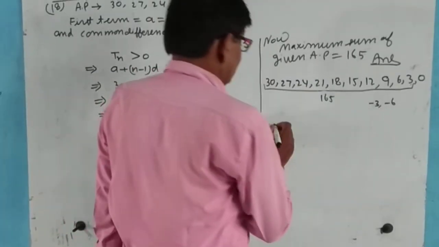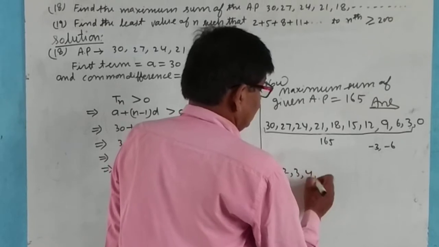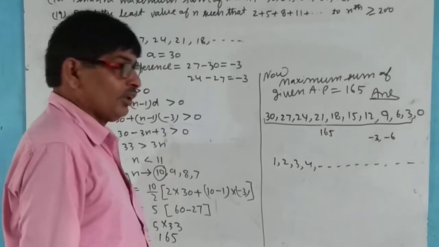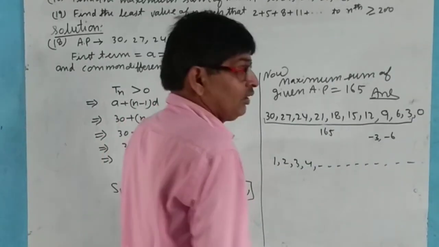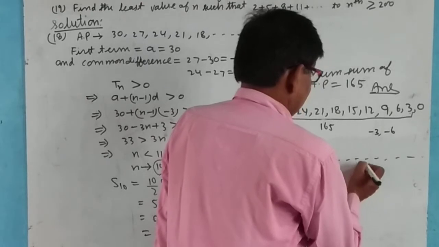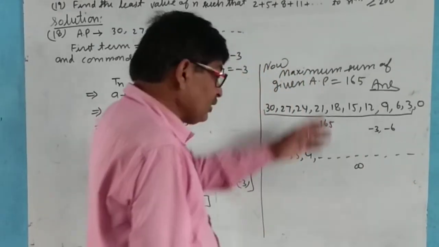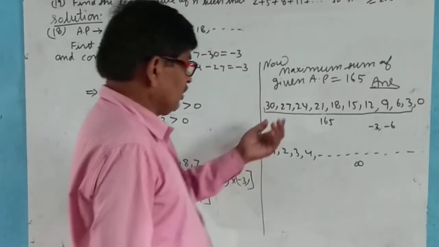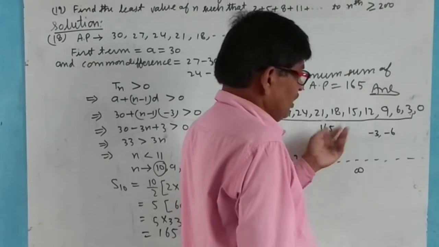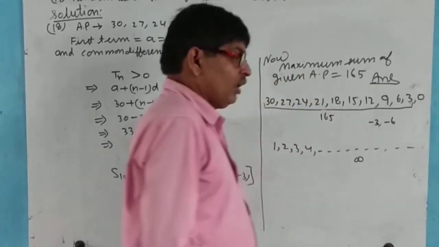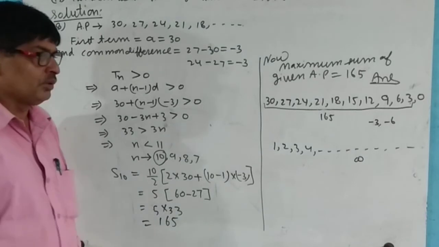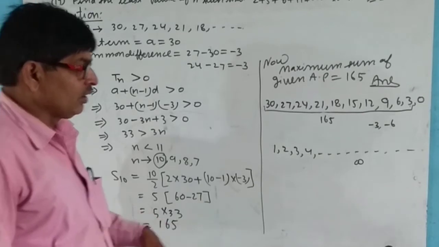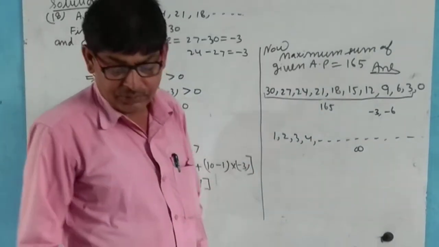As you know, 1, 2, 3, 4 is an integer sequence that goes on infinitely, so if you calculate the sum of this, that is also infinite, because the number of terms is infinite. But in this case the common difference is negative, so the sum of the positive terms is this, and after that the terms are negative, so the sum also comes less than 165.